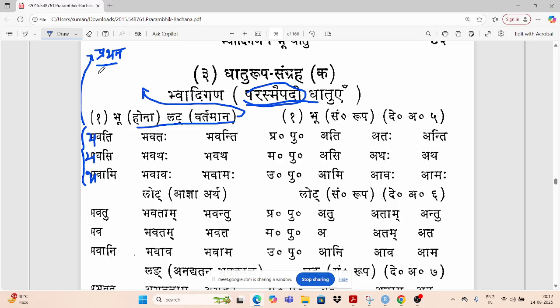Then there is Madhyama Purusha, the second one in the curly bracket. Third is Uttama Purusha. We will come to those later.